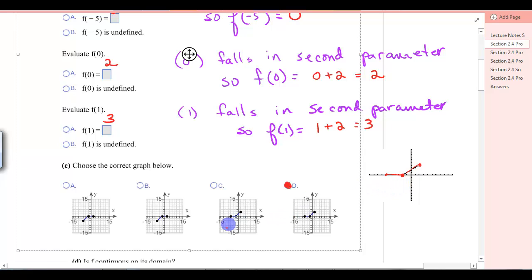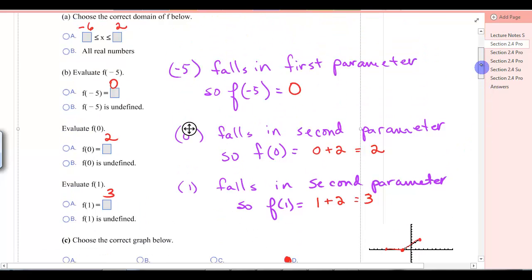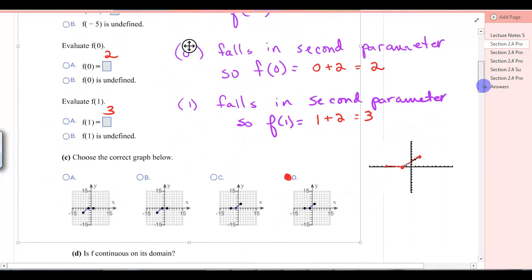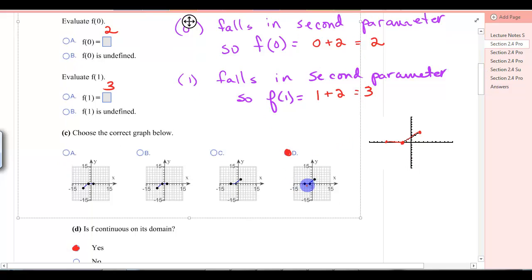So the difference between these two, this one has an open circle here, and let's look at what our things were. This one for the 0 had equals on both of them, so it's going to have a closed circle on both ends right here. So that's the one that we're going to choose.